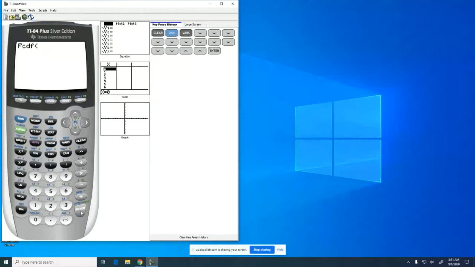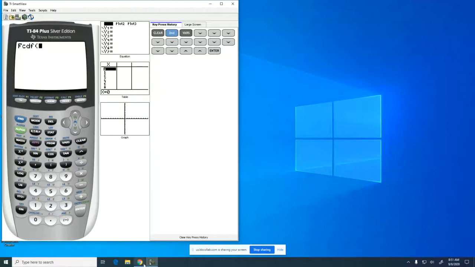Now distribution F. Yes. My calculator asked me the lower bound, upper bound, numerator df, and denominator df, right? So we can plug in that order.